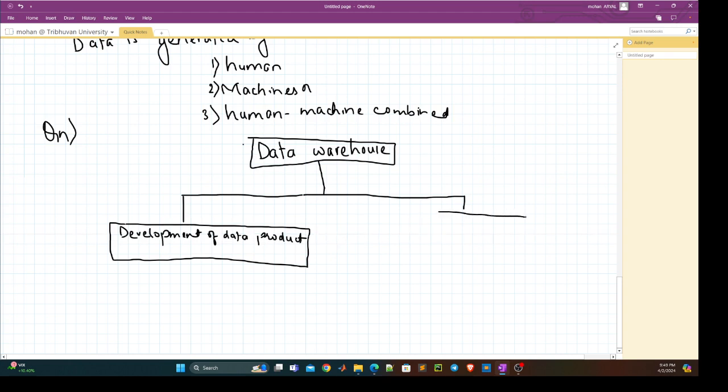And in the second one, there is something known as discovery of data insight.